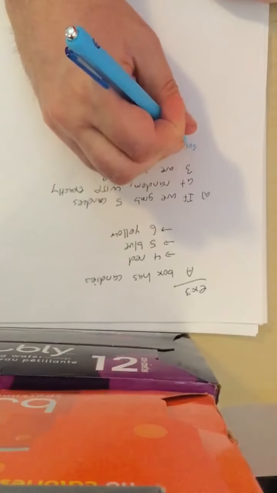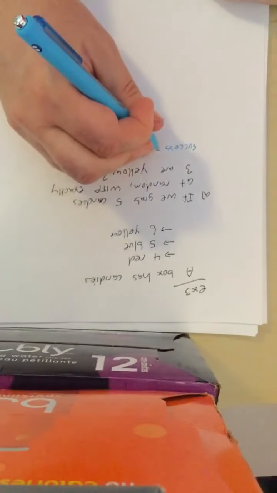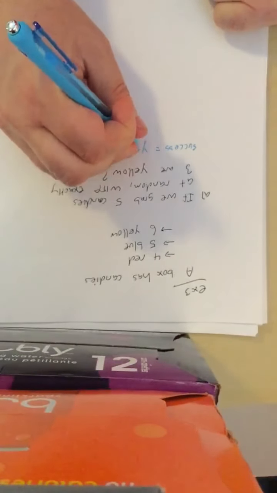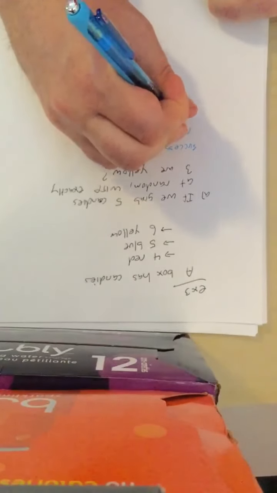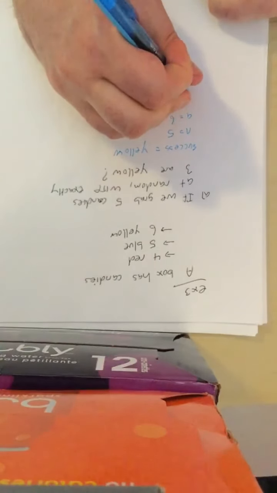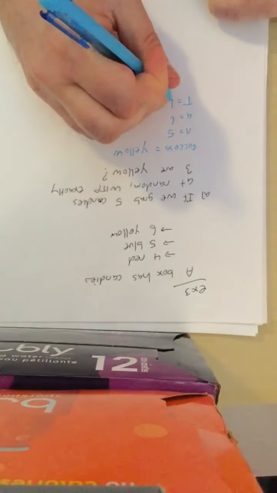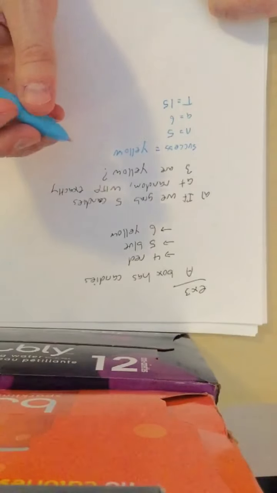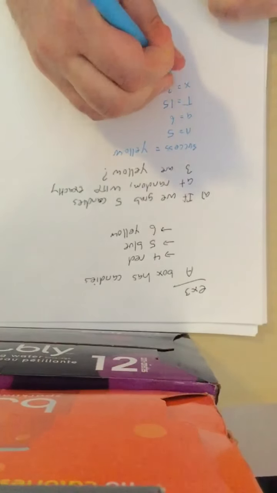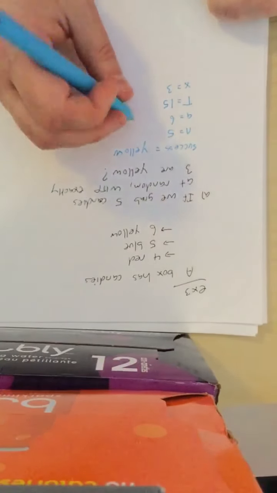In this case, you could pause here before I give the answer and try to do it yourself, or at the very least try to set up the things. So success is yellow. N equals 5. A equals 6. T equals 4 plus 5 plus 6, which is 15. And we're looking for 3 successes. There's 6 successes because we said that success was yellow.